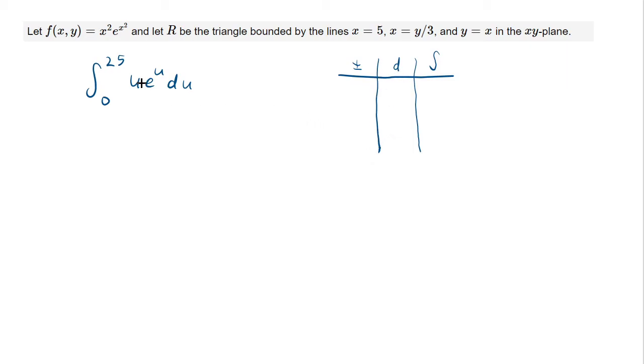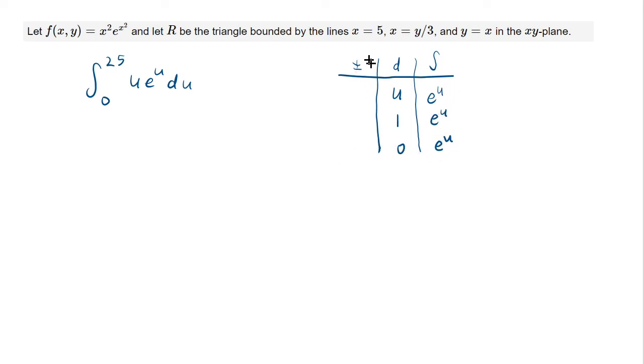Okay, so tabular integration says one part has to be differentiated, whereas the other has to be integrated. The differentiating one, you keep differentiating until you hit 0. And then the part where you integrate, you keep integrating until you're at the same level where you stop differentiating. And e to the u is really easy to integrate, right?